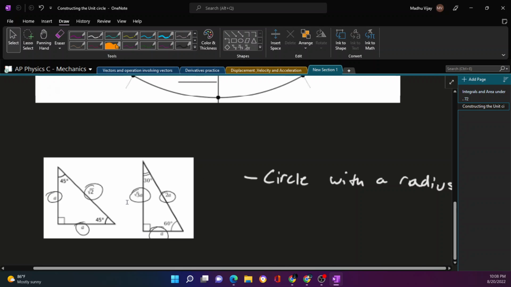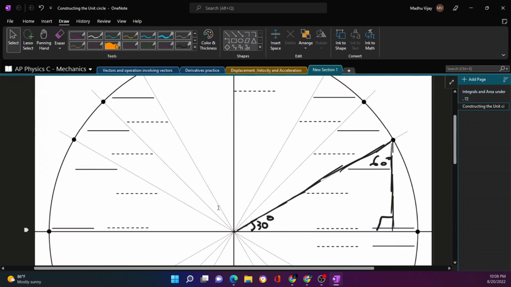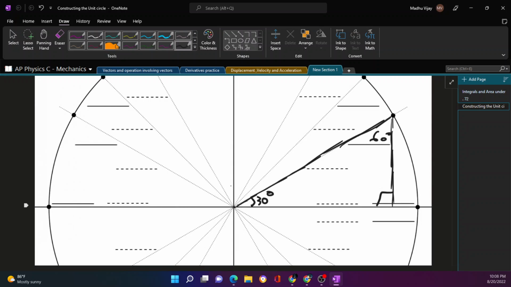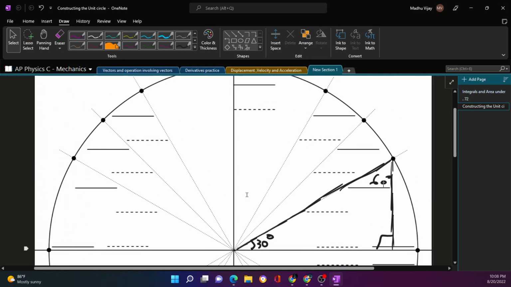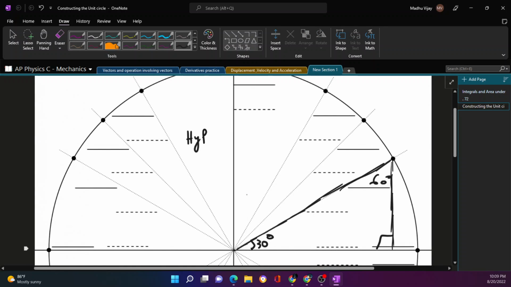Looking at the 30, 60, 90, we know that the hypotenuse is 2a, right? But looking at our circle, we know that the hypotenuse is just equal to 1 because it's the radius of the circle. So the hypotenuse is 1.